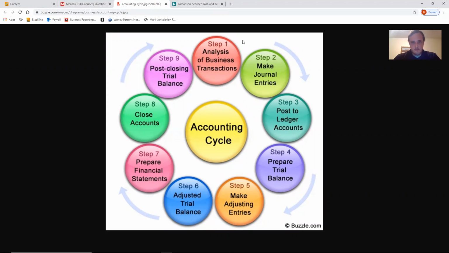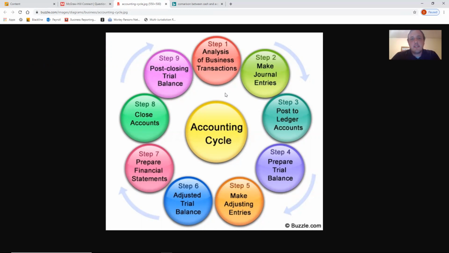Those who are into marketing or just using this to help build out your business side of things, you're going to be in step 7, preparing the financial statements and seeing these. A lot of the accountants, the month-end accountants, are going to be dealing in step 5, and today's homework is going to be on step 5, making the adjustments. But I wanted to make sure you can walk through this and understand what exactly is happening.